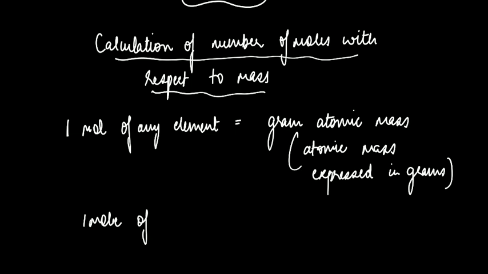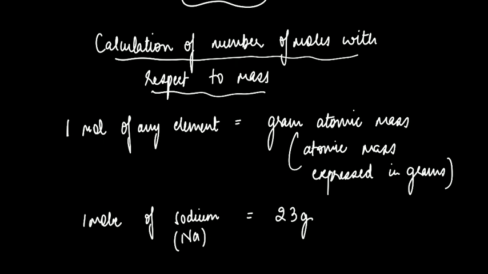So if I take my favorite sodium again, 1 mole of sodium. Its atomic mass we know is 23. So gram atomic mass is expressed in grams. We are just changing the unit. So if I'm standing in a lab, we have 23 grams of sodium.